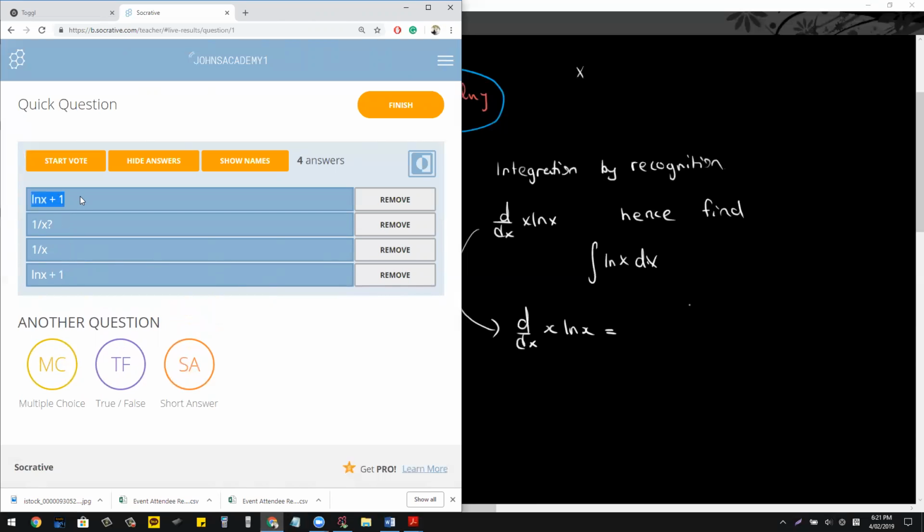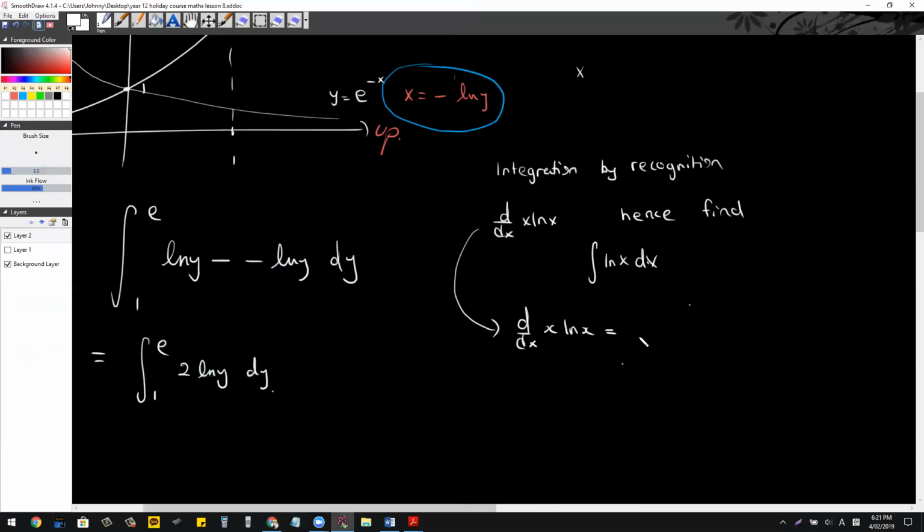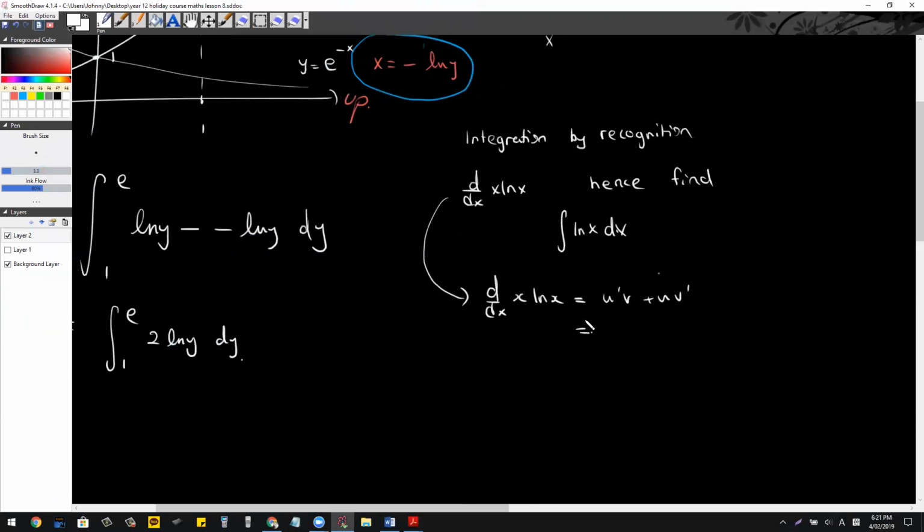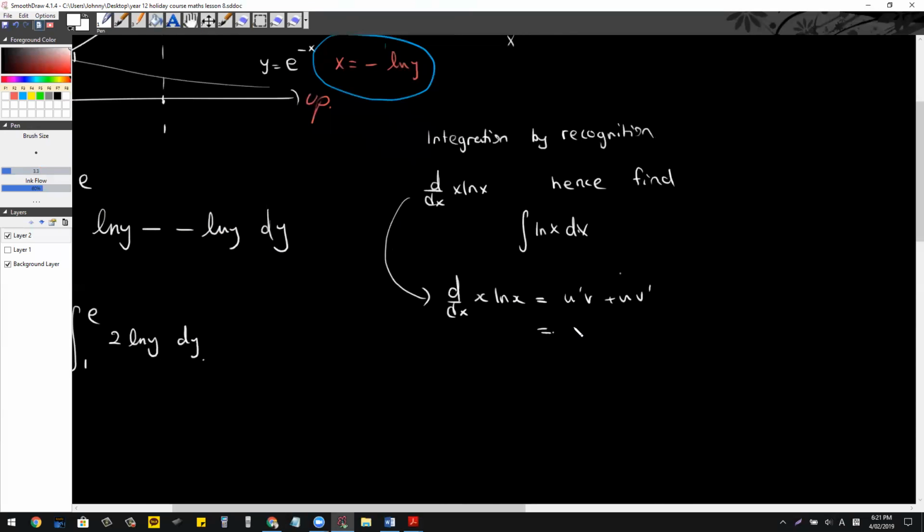So take a look. It's u dash v plus u v dash, right? So it's simply using the product rule. u dash is 1, v is ln x, plus u is x, and the differentiation of ln x is 1 over x, right? So you get ln x plus 1.